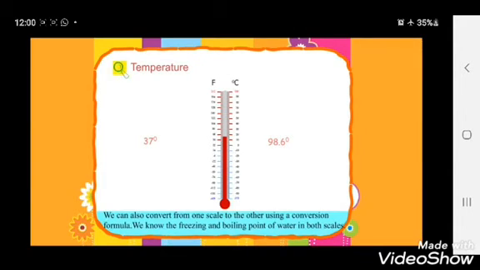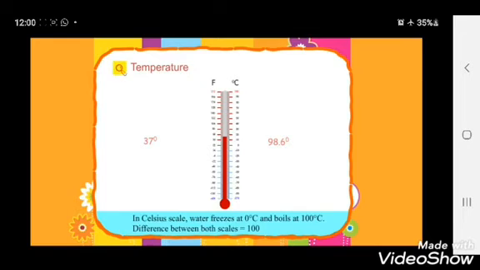We know the freezing and the boiling point of water in both scales. In the Celsius scale, water freezes at 0 degrees Celsius and boils at 100 degrees Celsius. The difference equals 100, so the number of divisions between freezing and boiling point equals 100.